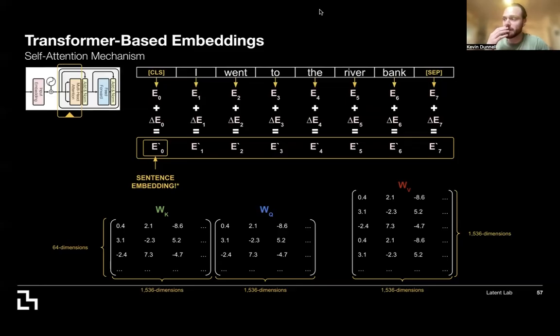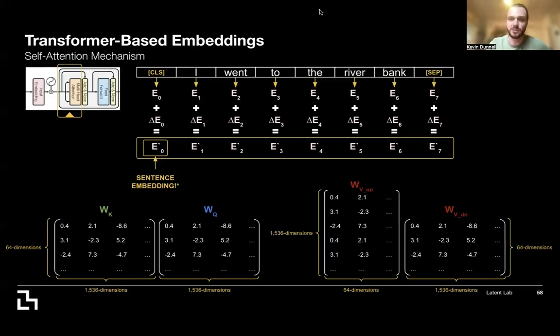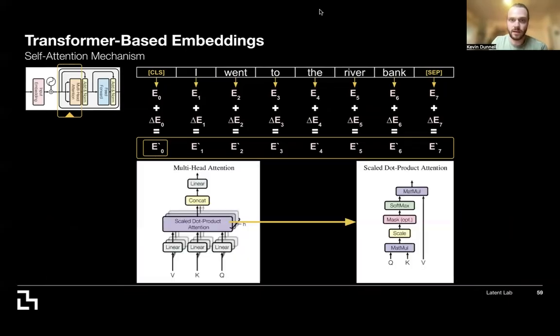In BERT, this is actually broken up such that it supports parallelization across GPUs, and we can consider it as a low rank transformation of two smaller matrices: a value down matrix, which we can think of as projecting from the 1536 dimension space down to the 64 dimension space, and then this value up matrix that goes from the 64 dimension space up to the 1536 space. And again, this is just one single head of attention.